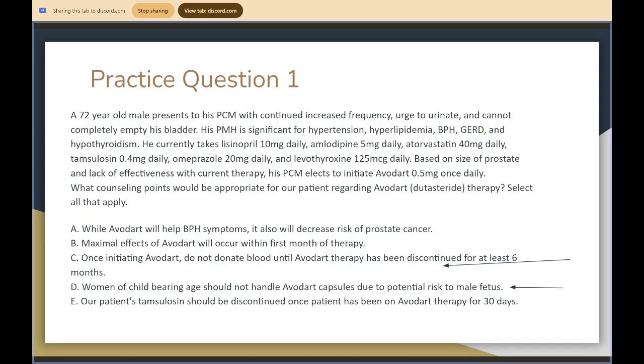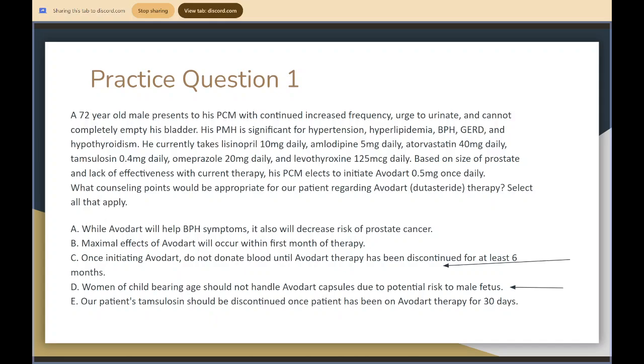D is also correct as written, as we discussed, with it being teratogenic. Choice E is incorrect because both of these agents should be used in combination long term. So, once again, the correct answer choices are C and D.